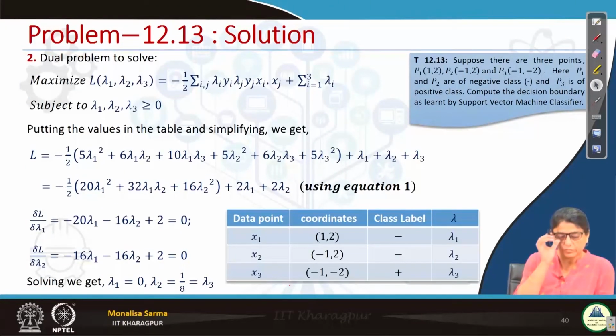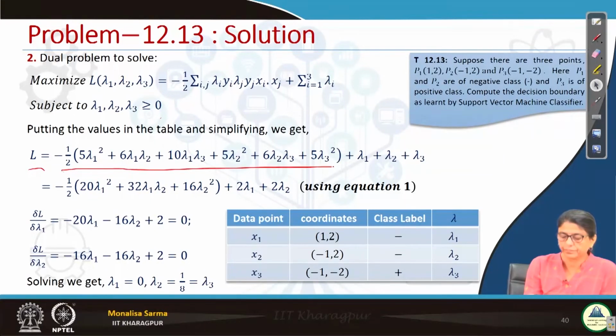Now the dual problem is maximizing this, subject to lambda greater than or equal to 0. Now we'll put all this in the dual problem, and then we find L equals this. We simply put in lambda i, lambda j, yi, yj, xi, xj and whatever data we have, as a simple dot product.